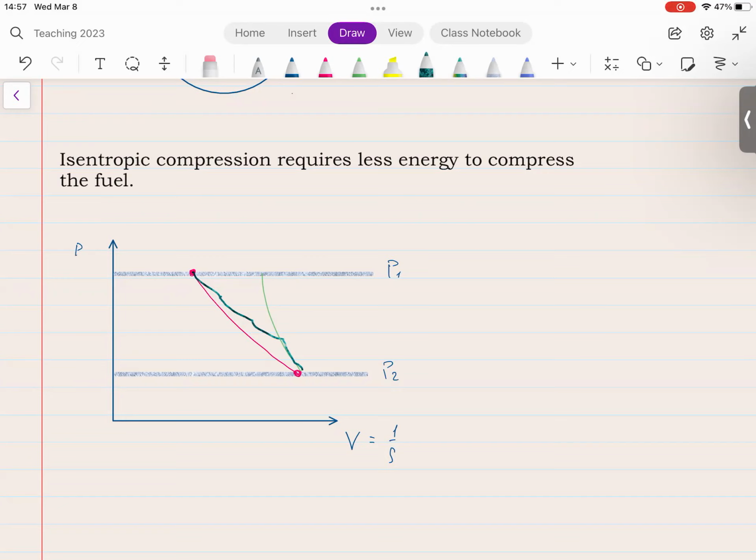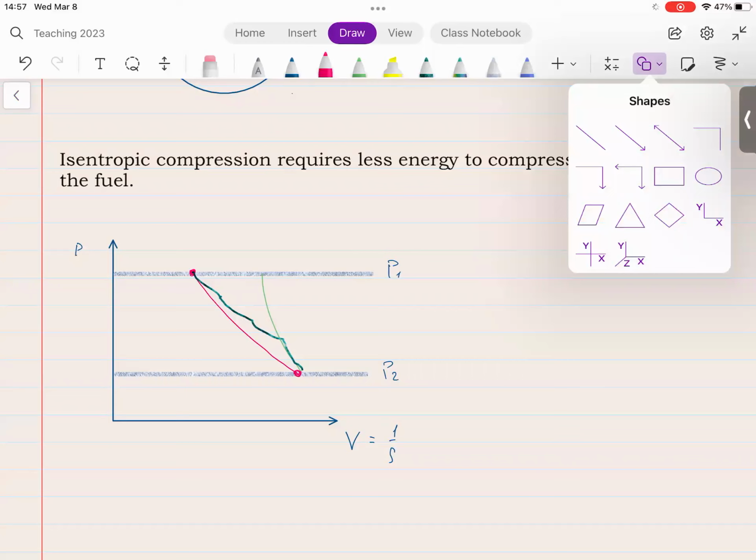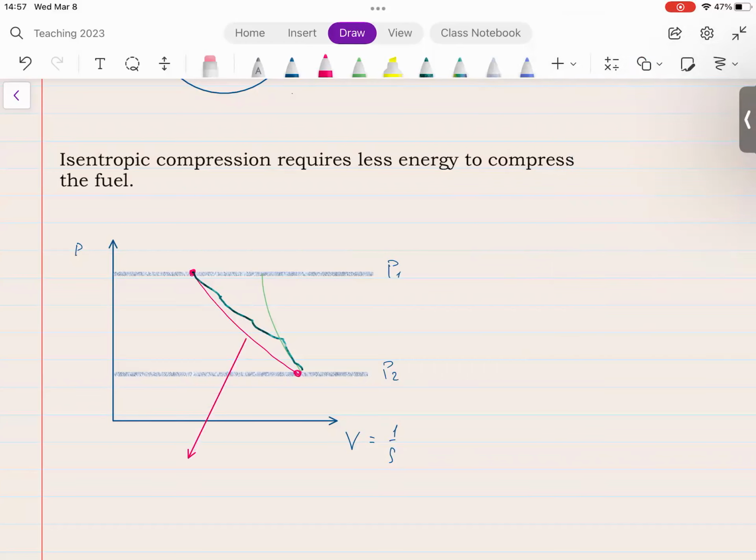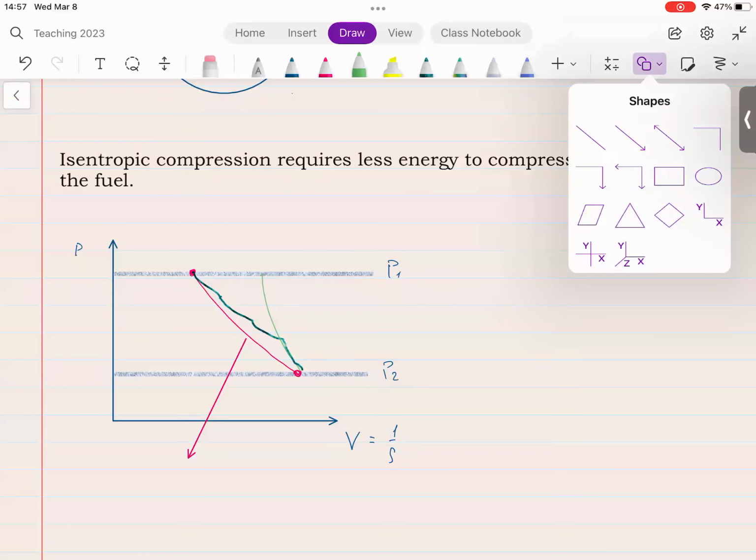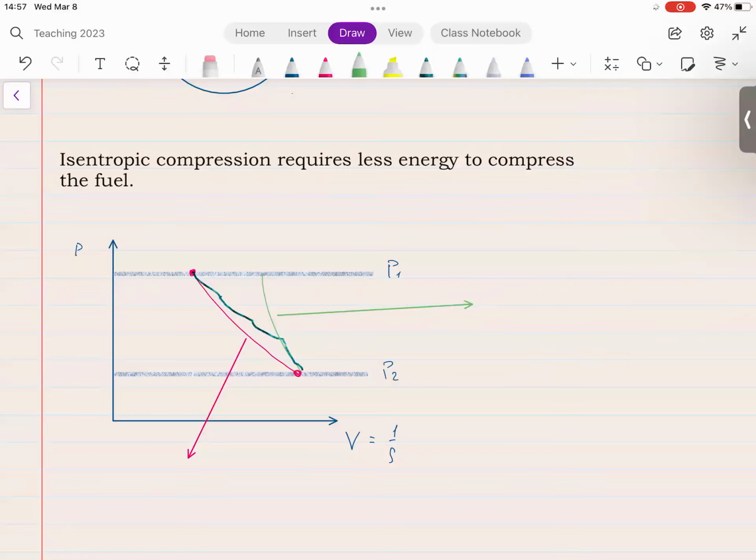Let me tag these things. The single shock, we make it green. And the one in the middle is multiple shocks.